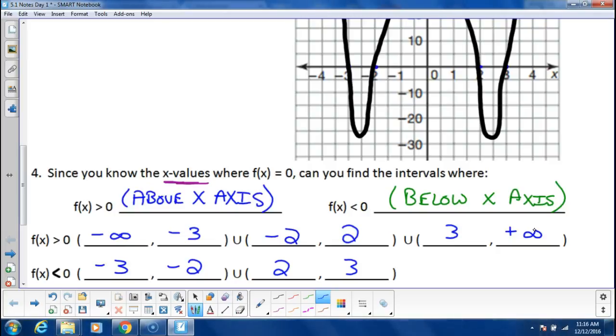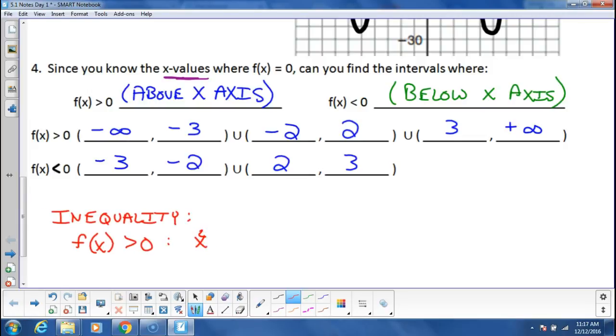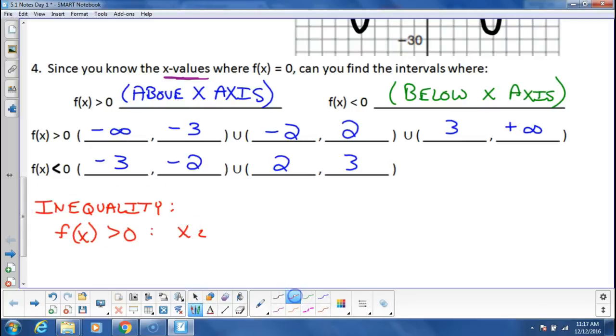Okay? Now, that same scenario given in inequalities: f of x would be greater than 0 when x is less than negative 3, or, this U right here, that U is for union.